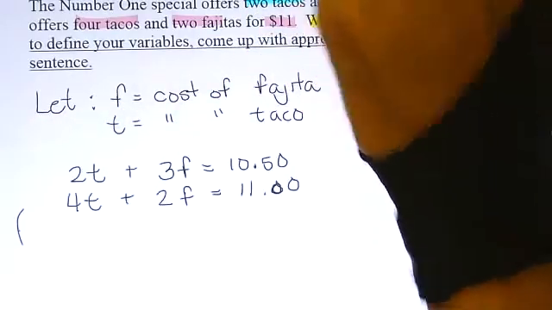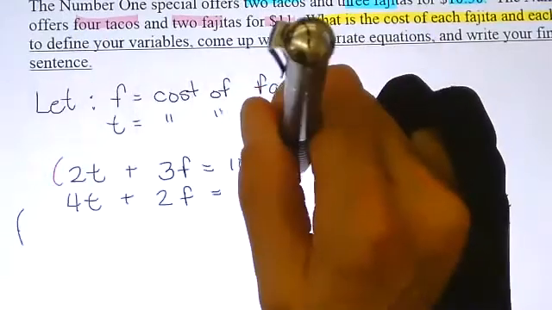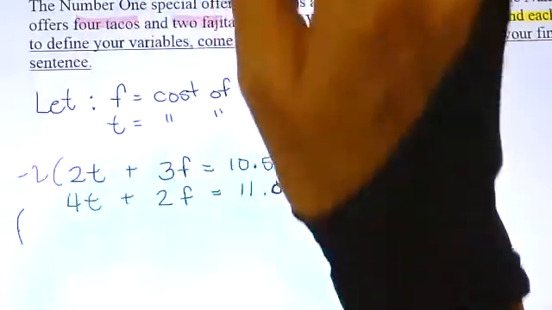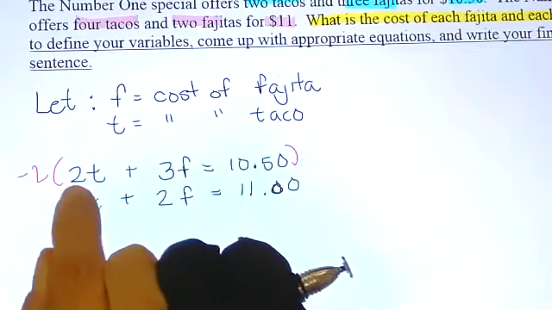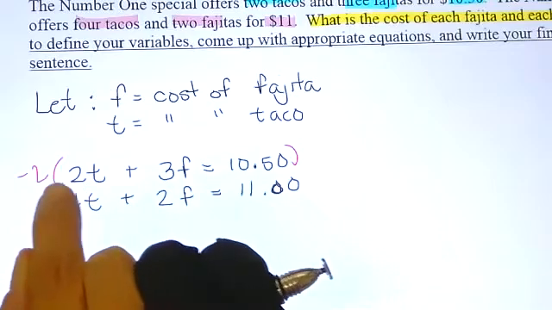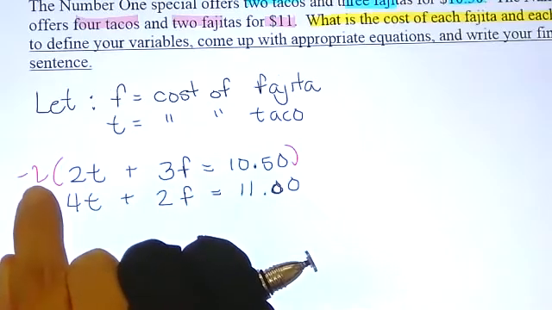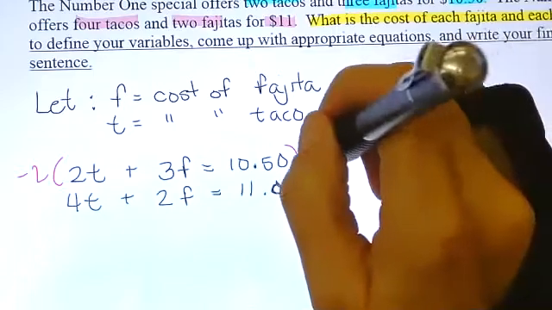Tacos. So tacos, I've got 4 tacos here. So I can eliminate if I multiply that one by -2, because this will give me -4 times tacos. I need 4 to eliminate with -4. So multiplying that by -2 will give me what I want.